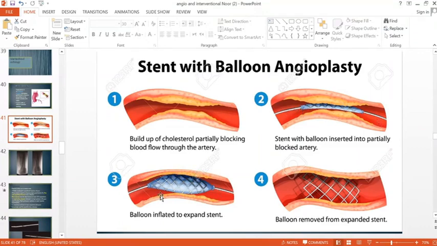Opening of the balloon will dilate the area of stenosis and will restore the normal vessel diameter. And then we may put a stent or not, depending on the vessel. Sometimes the stent is needed, sometimes it is not needed. So this is balloon angioplasty, and in this final step the balloon is removed and the expandable stent is put.